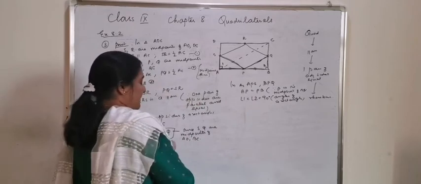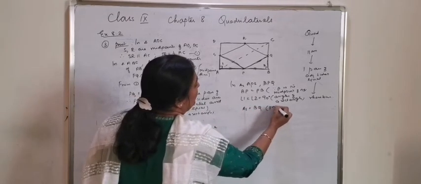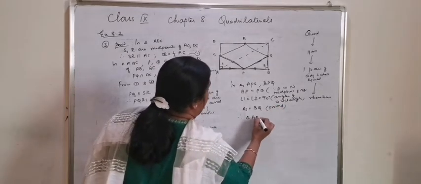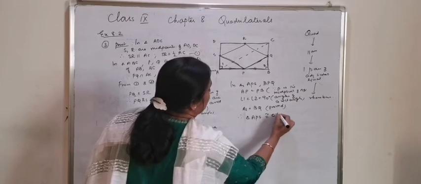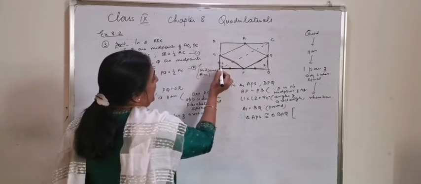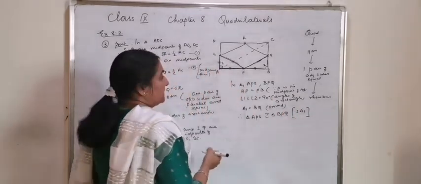And the third condition is AS is equal to BQ, proved. Therefore, triangle APS is congruent to triangle BPQ by side angle side, SAS.